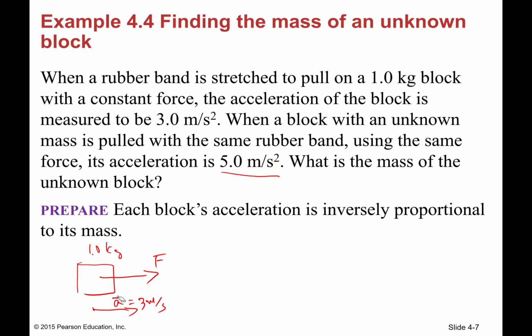That is the acceleration, and I'm just going to write this as the magnitude. Now I have a second block, and I don't know the mass of this block. That's an unknown. So what I do is I apply the same force F with the rubber band, and I find that now this one moves with an acceleration of 5 meters per second squared. So I can use these two things to figure out the mass of this object.